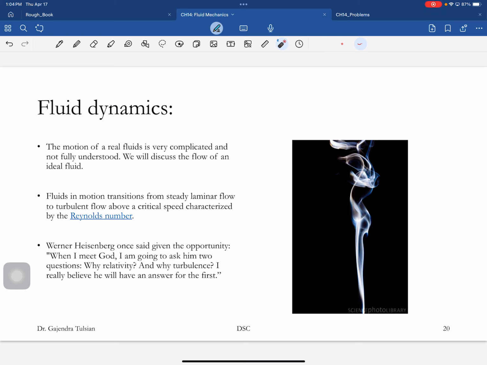What we mean by laminar flow is that if two particles were neighbors, they'll stay neighbors. But here, the flow has become turbulent. It seems like once you pass a critical speed, the flow becomes turbulent. Now, this part is hard to describe. So when we talk about fluid dynamics, we will only talk about this portion, when the fluid has nice laminar flow.